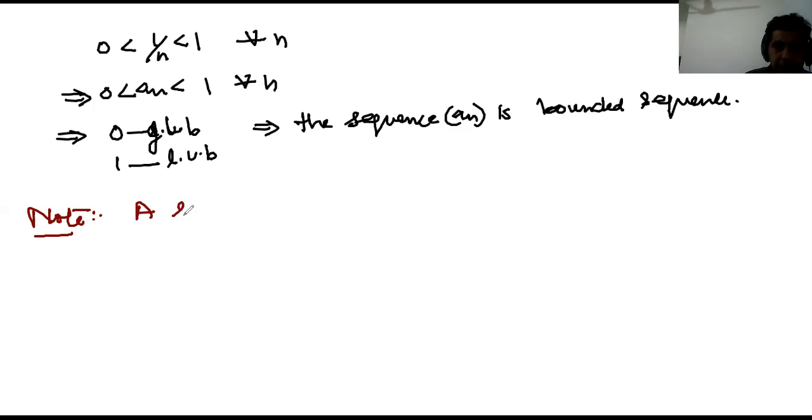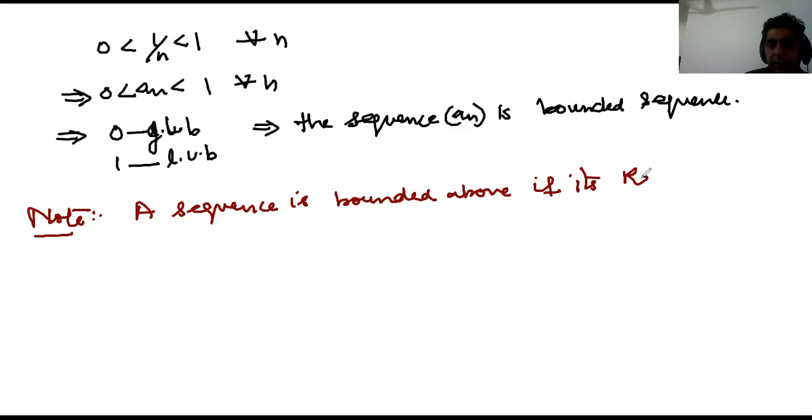A sequence is bounded above if its range is bounded above. One more thing, this is another definition.